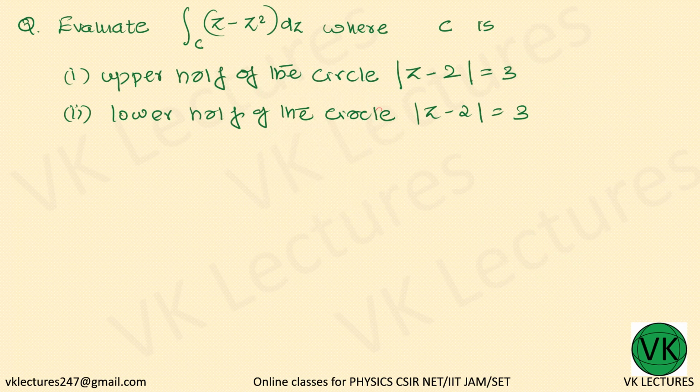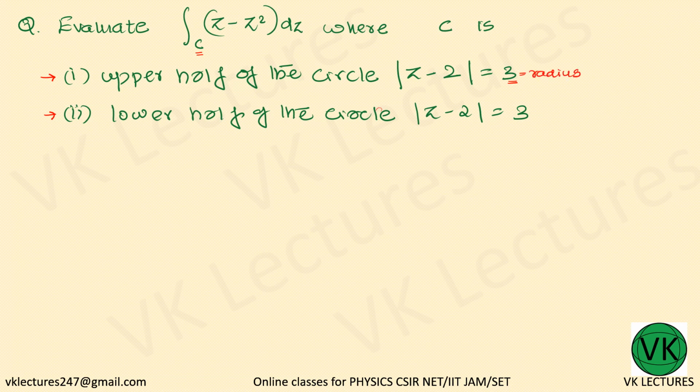Evaluate the integral along the curve C, z minus z square dz, where C is first one. We have to evaluate the first one and 2. Take the first one. C is upper half of the circle with mod z minus 2 equal to 3, which means the radius is equal to 3.